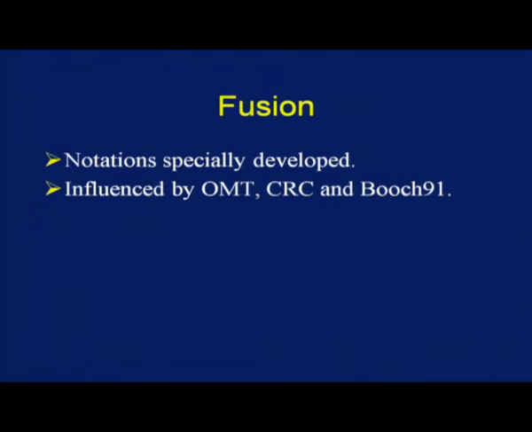Fusion was one method, the very first method that attempted to put together 3 seemingly different methods: Booch 91's abstract method, CRC, class, responsibility and collaboration, and OMT, object modeling technique. So, object modeling technique and Booch 91 went a longer way. Into this came object oriented software engineering by Ivar Jacobson, his method came.